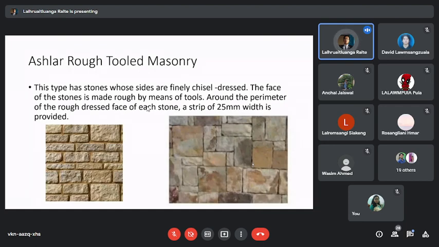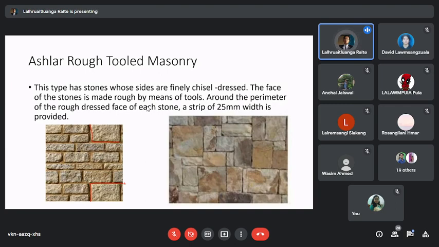I hope you can see my cursor. All right. So when we talk about stone masonry nowadays, we are talking mainly about its application for aesthetics.